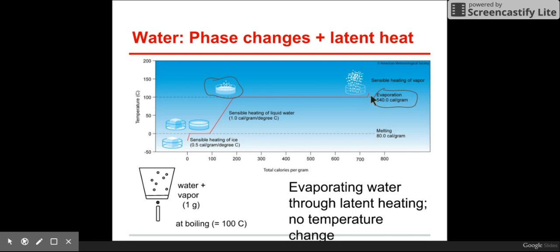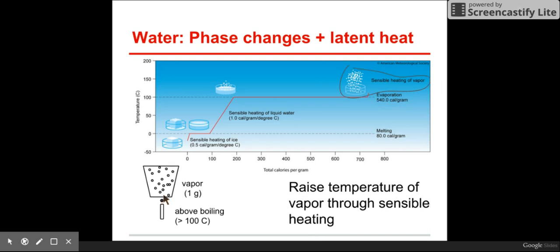And by the end of this process, it should all be in gaseous form. So finally, you can see the water molecules are all free and in the form of a gas. That's represented here by the sensible heating of water vapor, because any additional heat you add will just go into increasing the temperature of the gas.